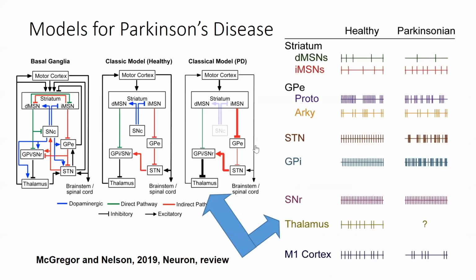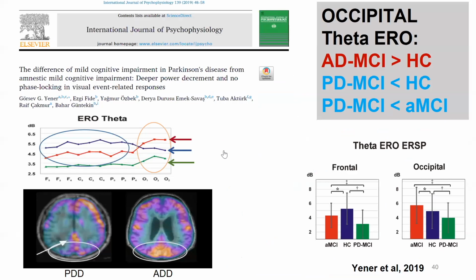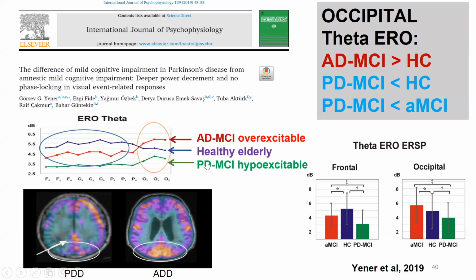To compare the difference between Parkinson's MCIs and AD MCIs, there is a comparison showing at the occipital parts of the brain, as can be seen from many glucose PET studies, there is an overexcitability of AD-MCI in the occipital region, like here, with increased occipital responses to visual stimuli, and a co-excitable occipital region in PD-MCI.